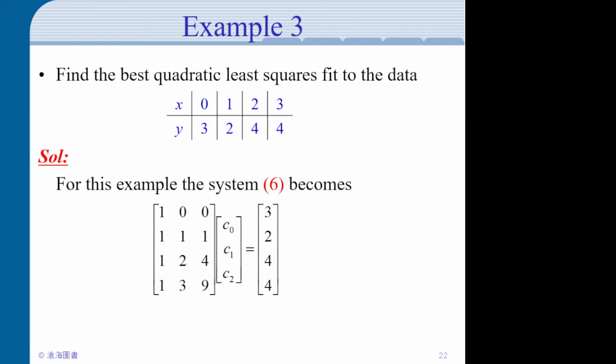Previously we had y as a linear function of x. What if y is a quadratic function of x? So y equals c0 plus c1 x plus c2 x squared. Then our matrix has the column of 1s for c0, the x vector with entries xi as usual, and then another column with xi squared.